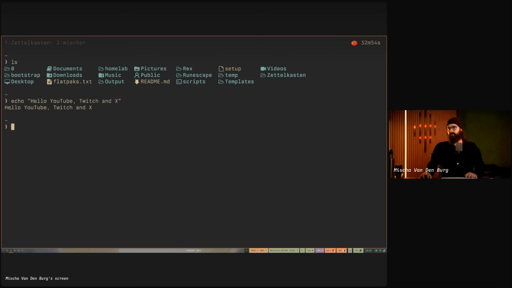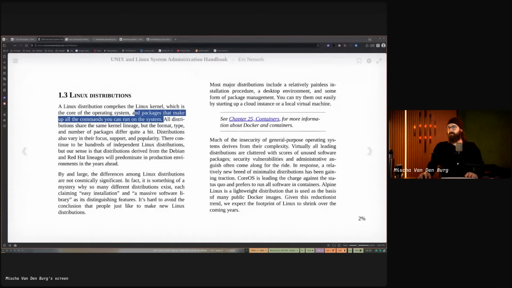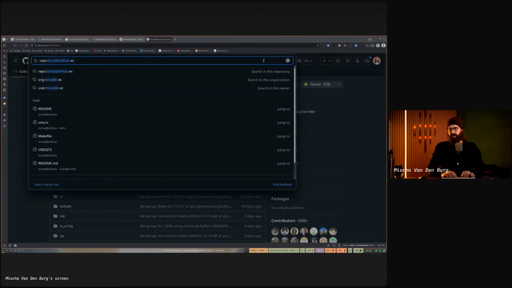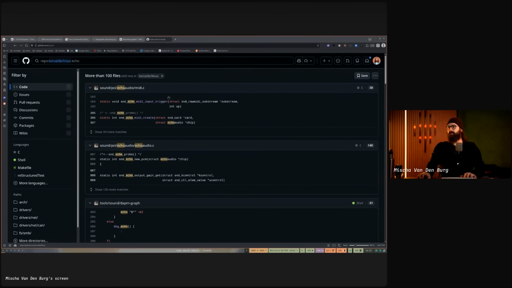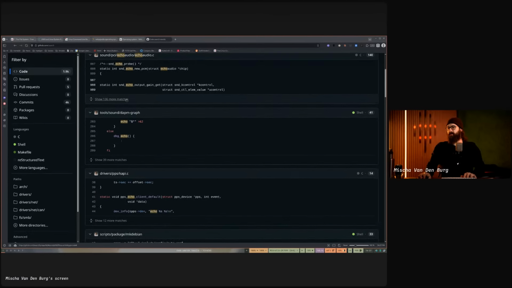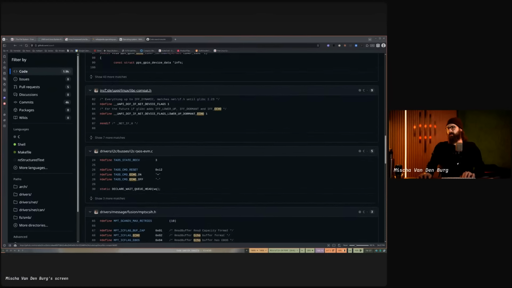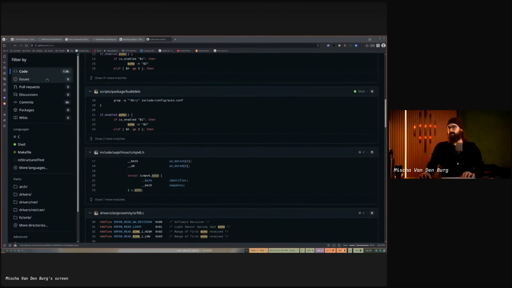But the Linux kernel does not contain the echo command. If I'm not mistaken, if we do echo, there's a lot of echo in there, but this is just C code. Okay. Let me see.